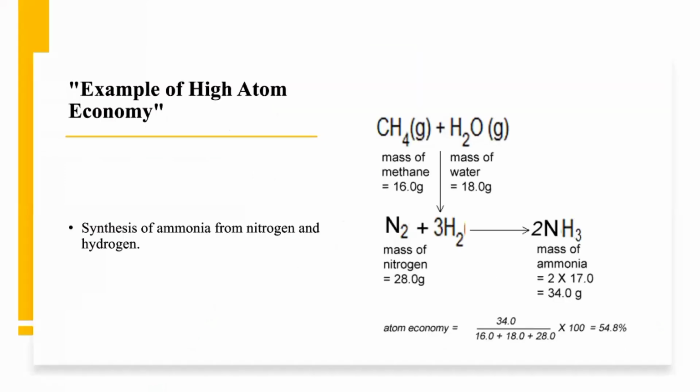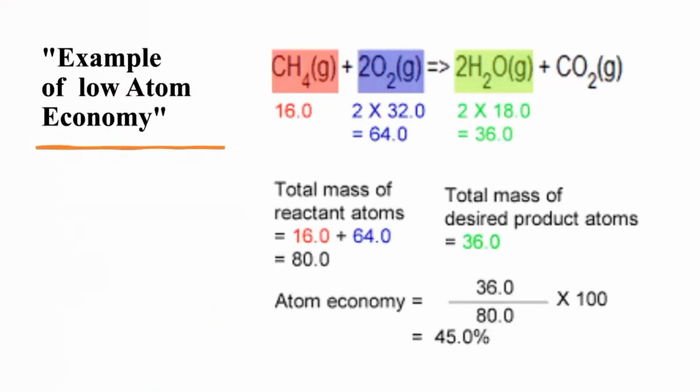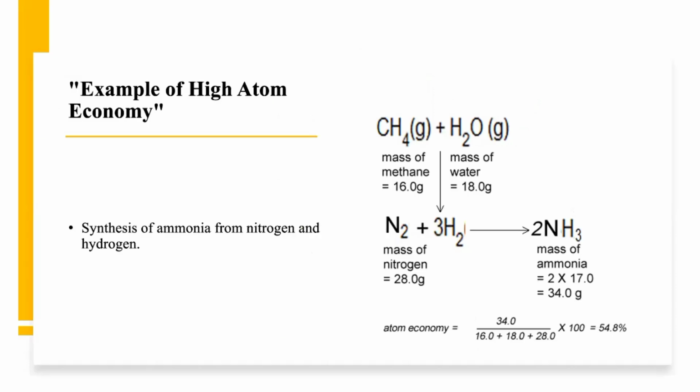As you can see in the low atom economy, there are two products that the reaction produces. And in the case of synthesis of ammonia, we divide the mass of the desired product by the total mass of the reactants because we have only one product.